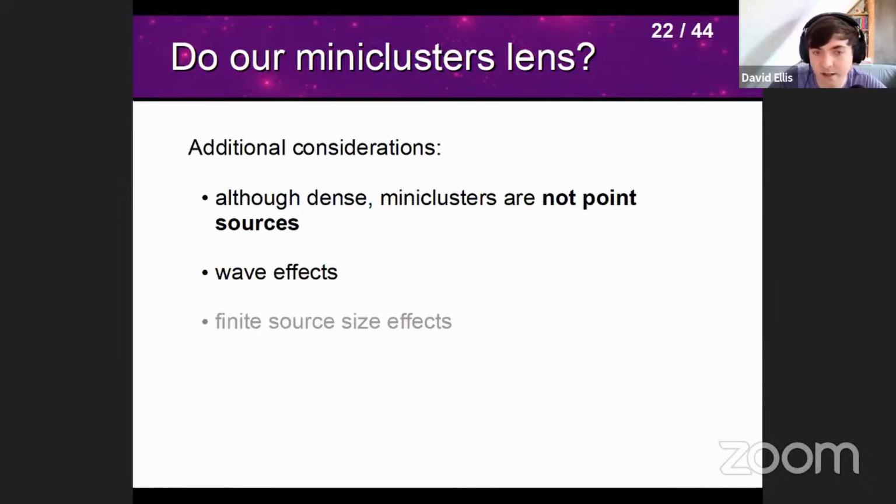As we heard yesterday, primordial black holes are unconstrained by microlensing for masses smaller than around 10 to the minus 12, and this is due to wave effects. We also, in theory, need to consider finite source size effects, so the fact that the stars whose amplification we're looking at aren't actually point objects. We need to consider effects of that as well, but this isn't considered in this particular piece of work.